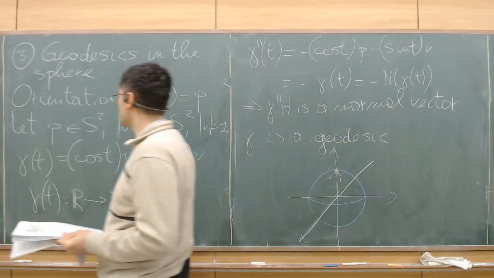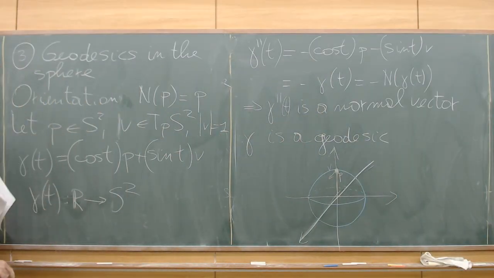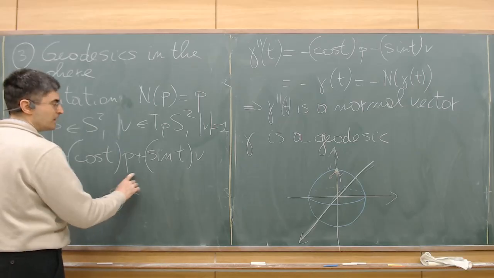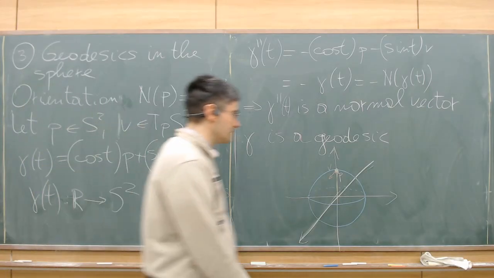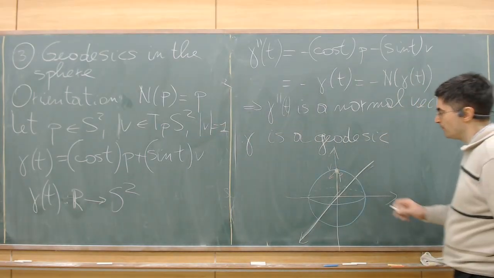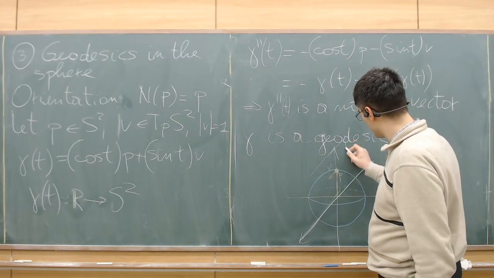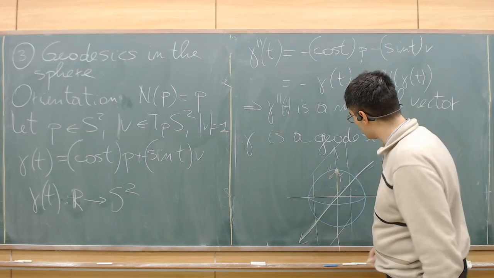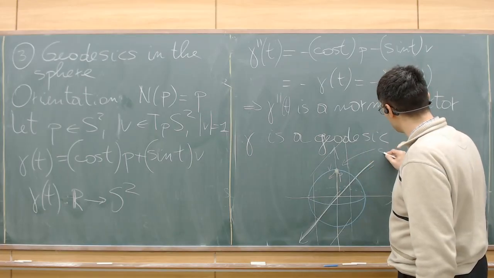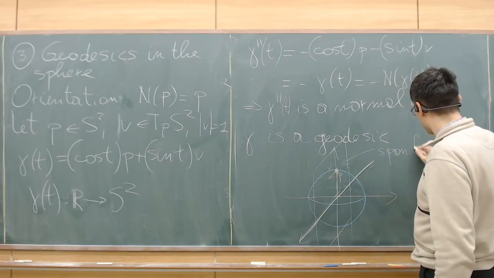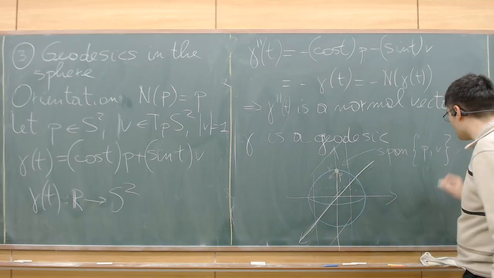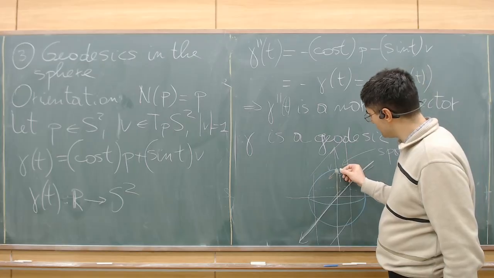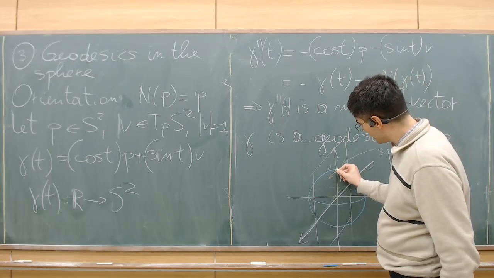Then, since gamma(t) is defined this way, we have a linear combination of P and V. So this means that gamma(t) belongs to the plane given by the span of P and V. And this curve looks like this.